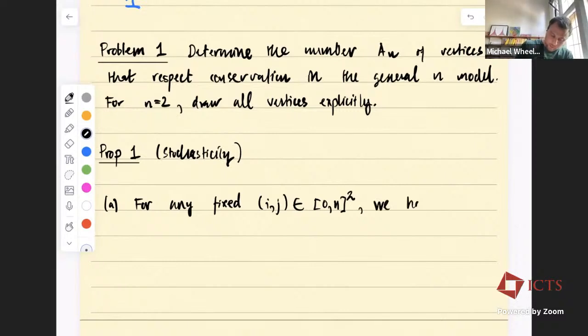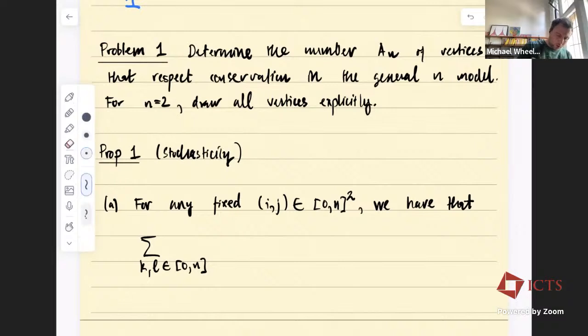Basically, if I take a sum over k and l that live in our state space with the following vertex, maybe I'll draw it in the more canonical form that we did at the start, like this. I'm fixing i and j along the bottom, and I'm now summing over k and l along the top of the vertex.